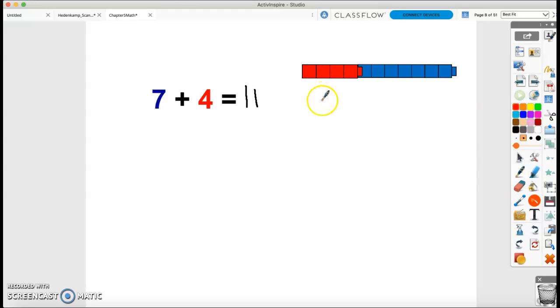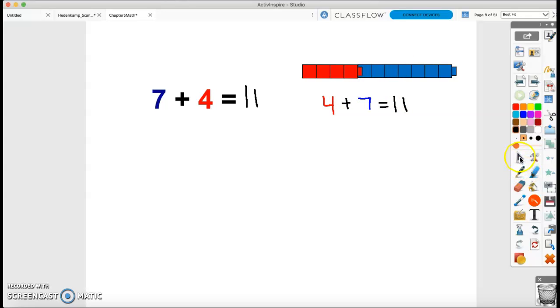I have 4 red plus how many blue do I have? I have 7 blue still because I just changed their spots. Equals, well, I would still have 11 altogether.